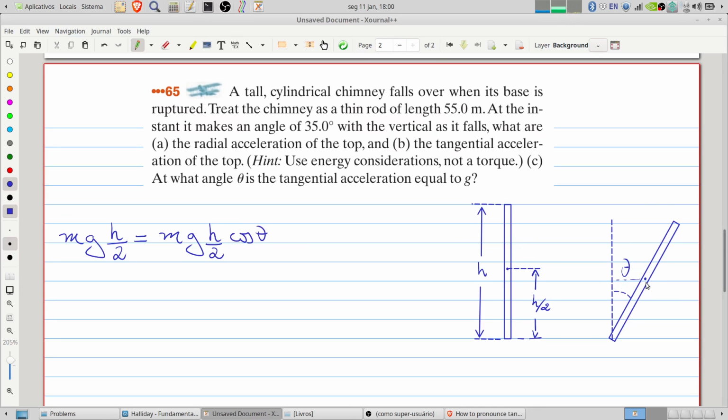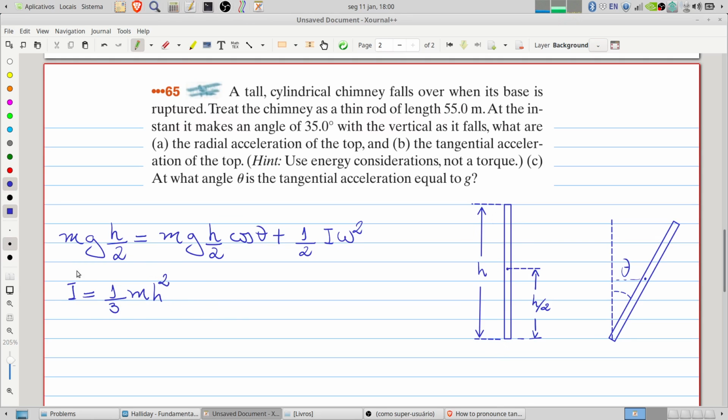We are projecting the position of the center of gravity considering the height of the center of gravity, plus the kinetic energy due to the rotational movement, that is 1/2 of the rotation inertia multiplied by the angular velocity squared, where the rotational inertia in this case can be written as 1/3 of the mass multiplied by the length squared.